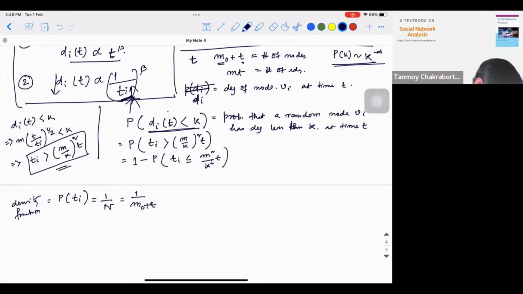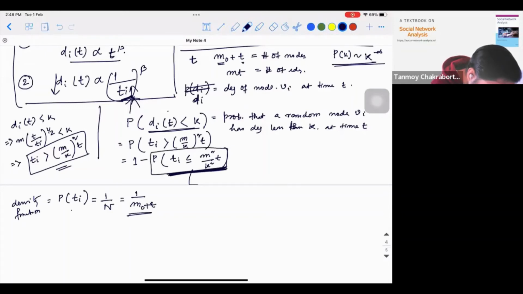Now again, go back to this part. We are interested in calculating this one. Now tell me, if the density function P of ti is uniform, then what is the value of this cumulative part?